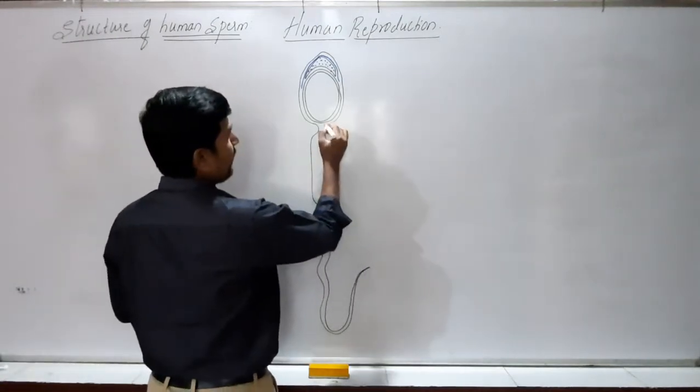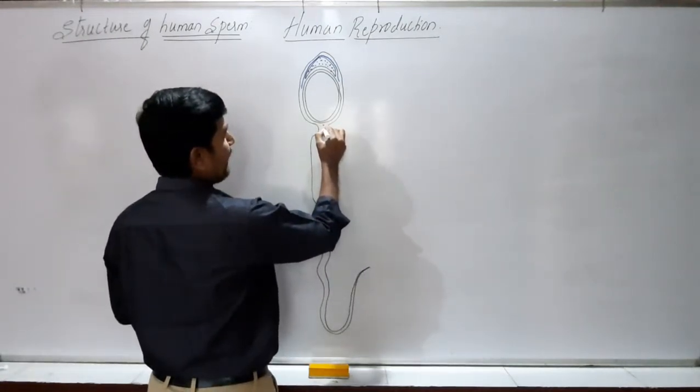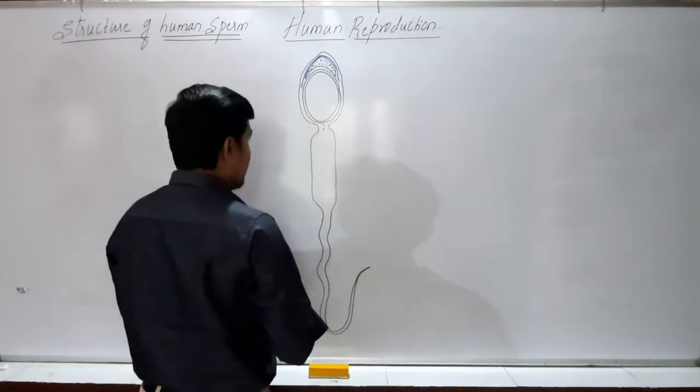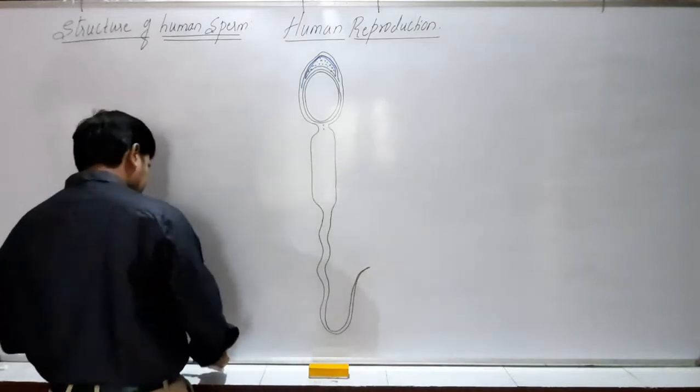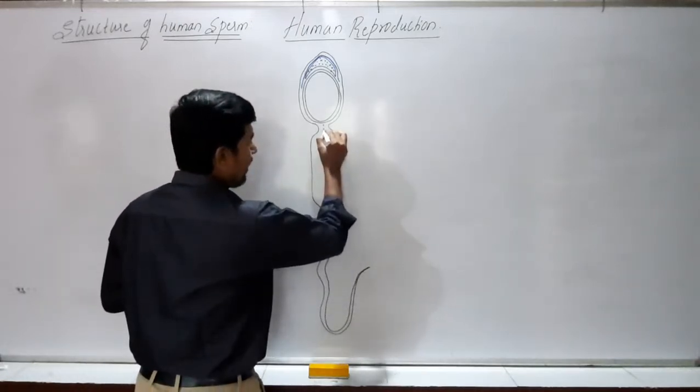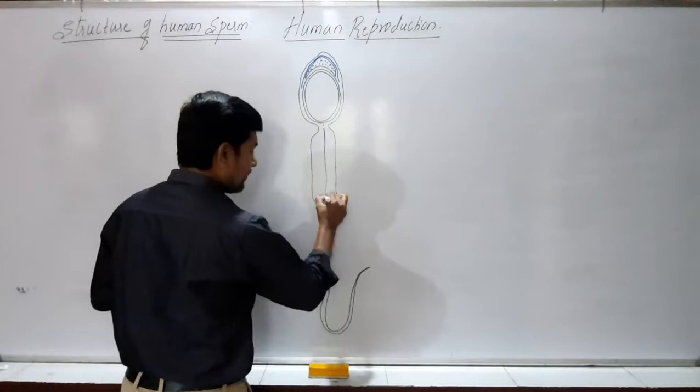Here in the neck region, we have two centrioles. From this centriole arises a filament called the axial filament.